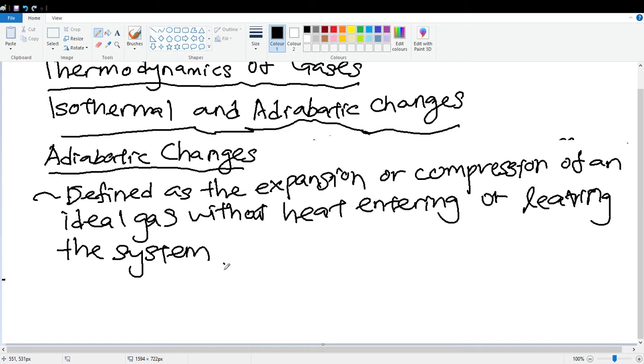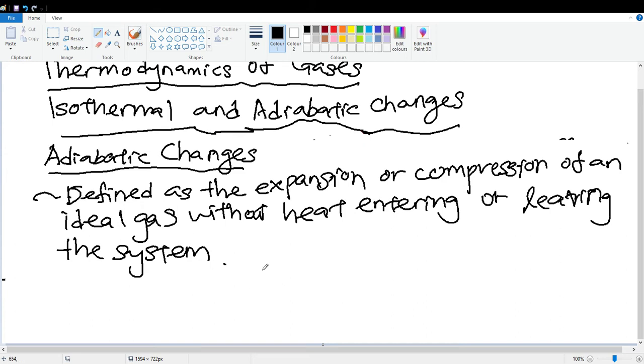Basically, adiabatic change means that heat is not supplied to or released from the system. So this is the definition of adiabatic changes.